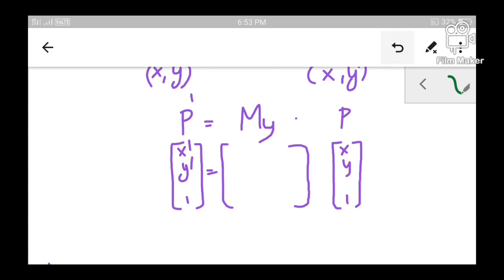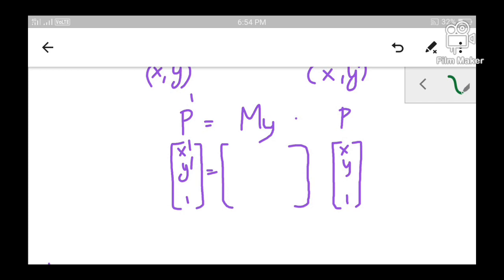Let us write the matrix My. What is it? x dash can be obtained when the first row of My is multiplied with the column matrix P. y dash can be obtained when the second row of My is multiplied by the column matrix P. 1 is obtained when the third row of My is multiplied by the column matrix P. That means each time each row of My gets multiplied by the column matrix, you will get the corresponding values of x dash, y dash and 1.